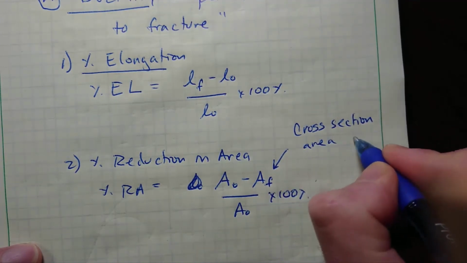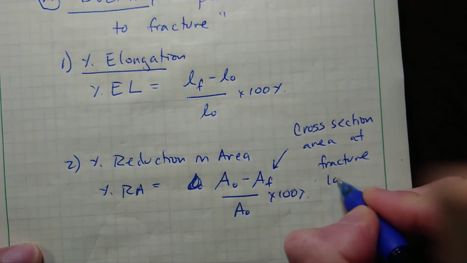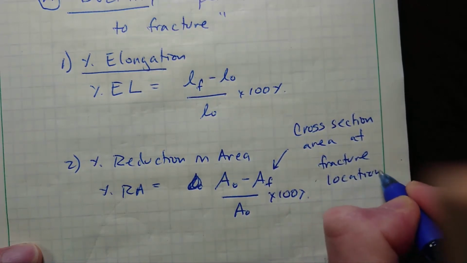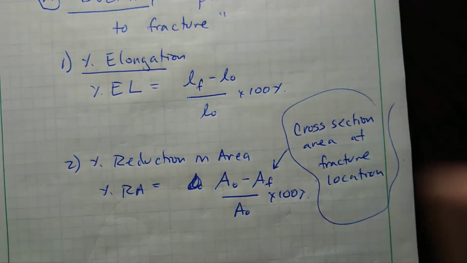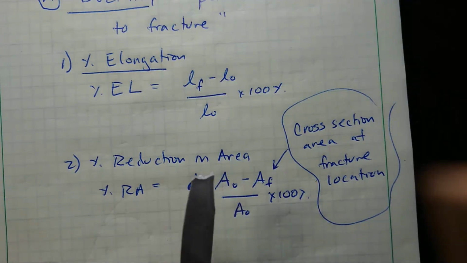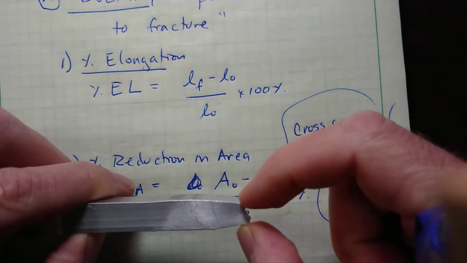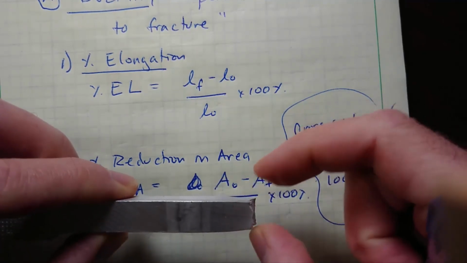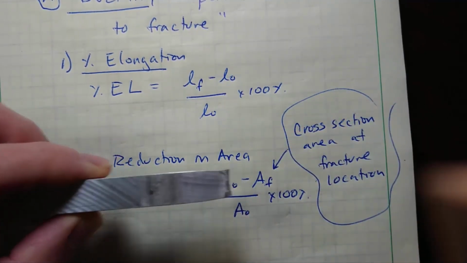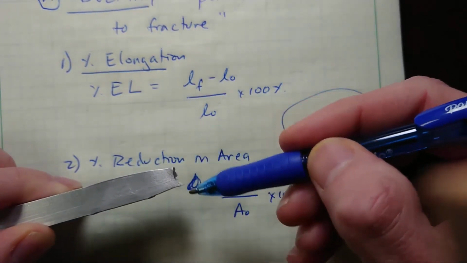AF is the cross-sectional area at the fracture location. After the sample breaks, I can take a micrometer or a caliper and measure the dimensions of that fracture and get the actual cross-sectional area at the fracture point.